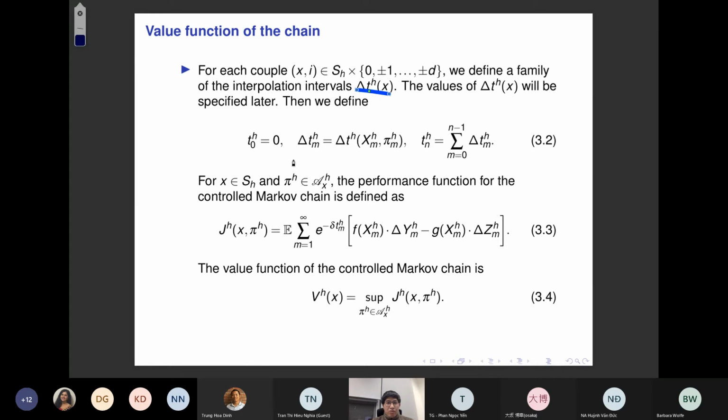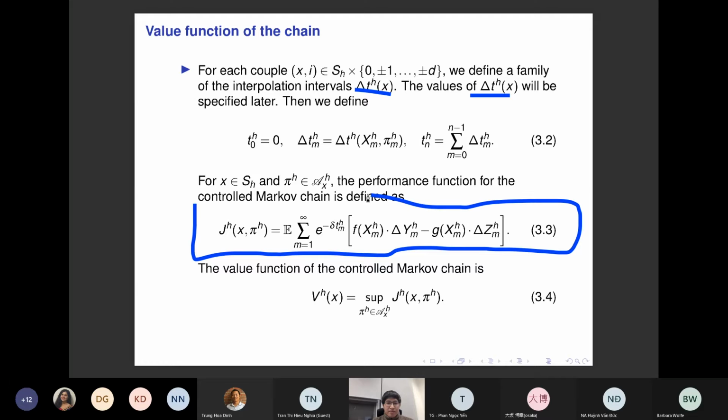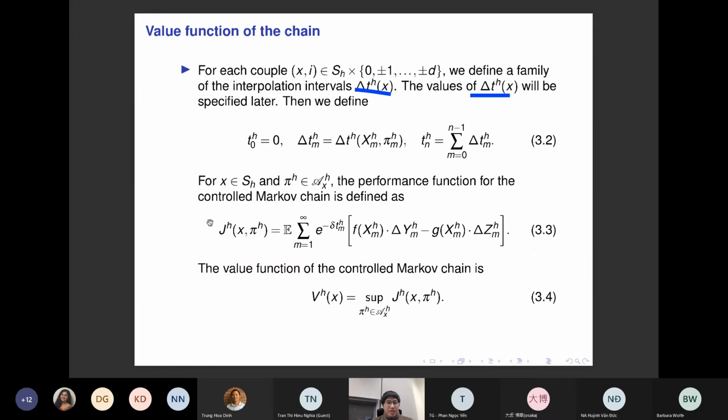Once we have the interpolation intervals, we define the performance function for the Markov chain. This is just the translation from the continuous formula for the Markov chains. And this is the value function of the controlled chains. So now we want to maximize the performance function for the Markov chain.